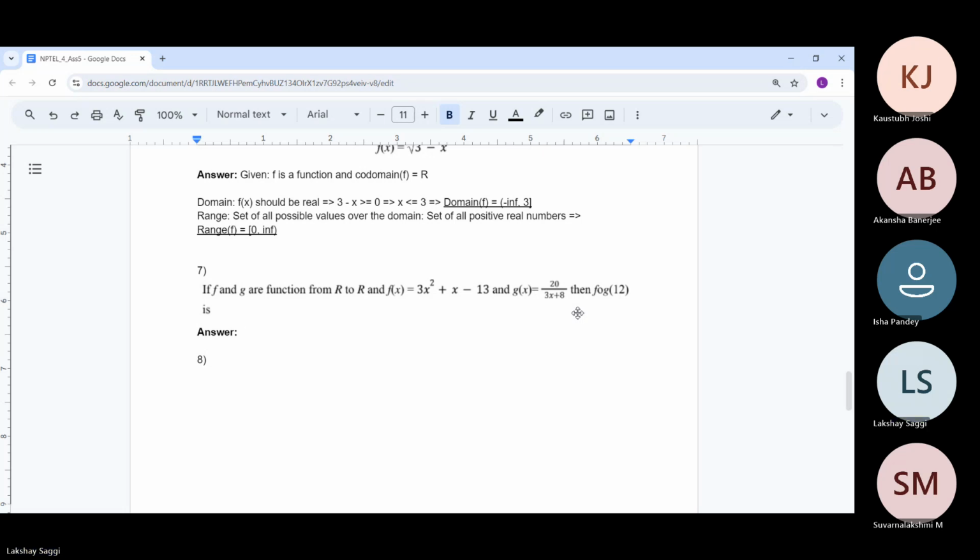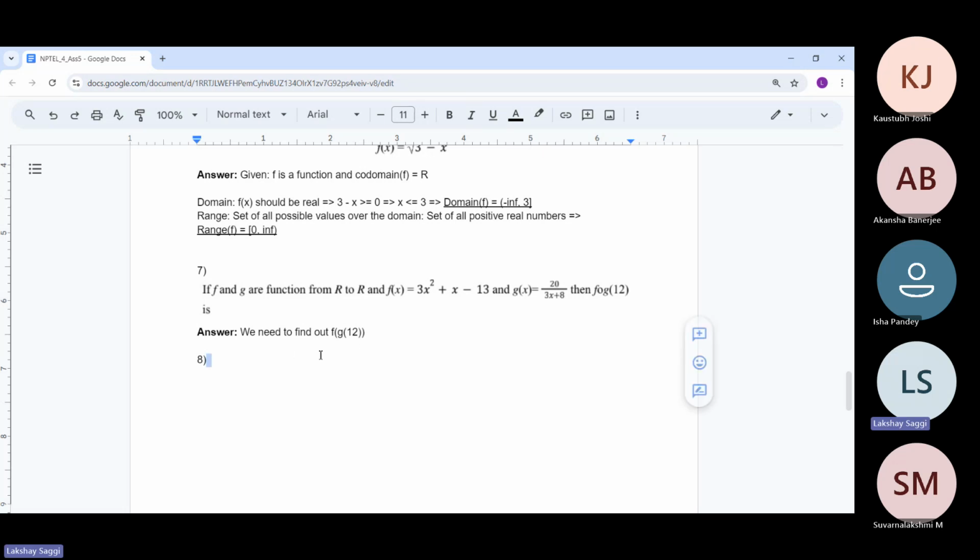I hope everyone has seen the lecture. FOG denotes the composition of functions. So this means we need to find out f of g of 12.